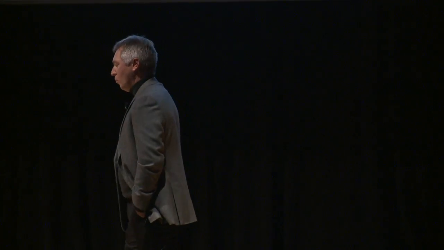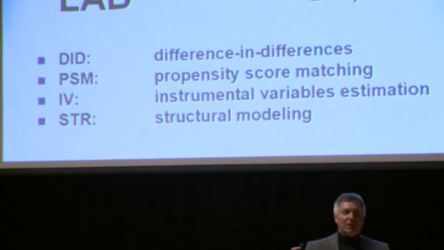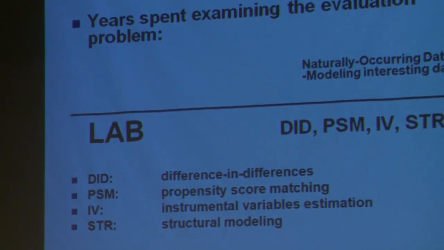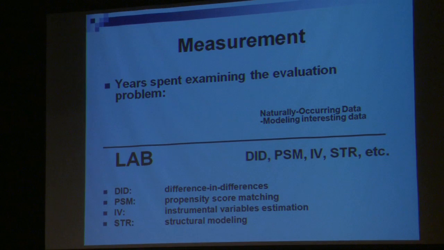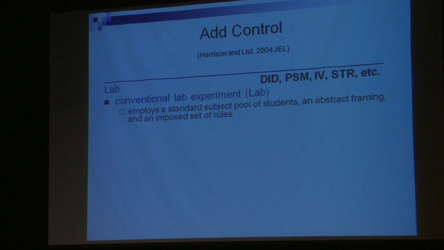Now, you can say, well, where do we go then if we make these common mistakes when we analyze naturally occurring data? The extreme point is to run a lab experiment. Okay? How many people in here have taken part in a lab experiment in psychology or in economics? Raise your hand really high. A lot of you. You know exactly what this looks like.